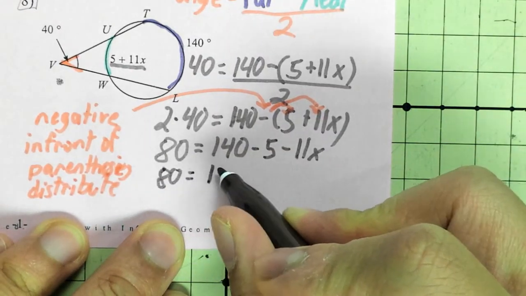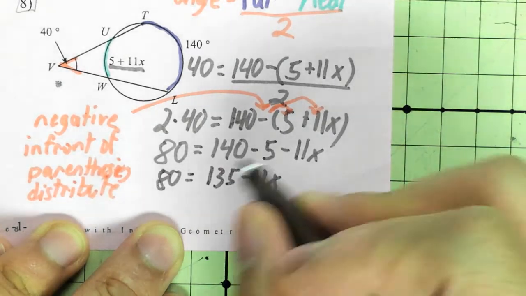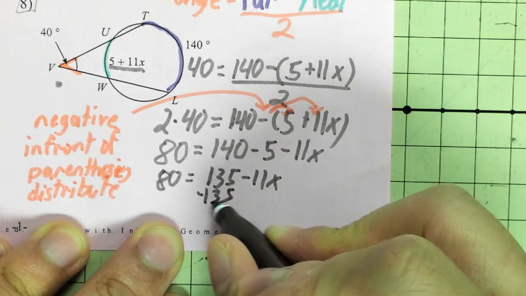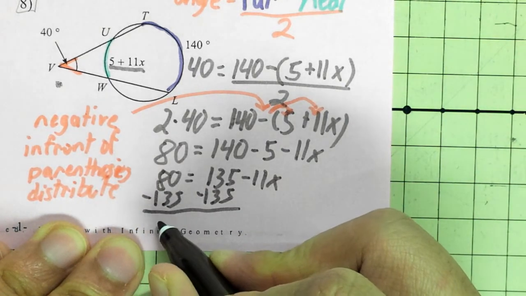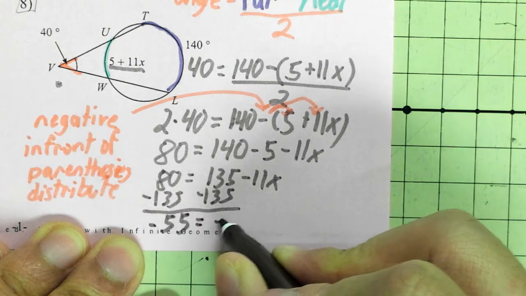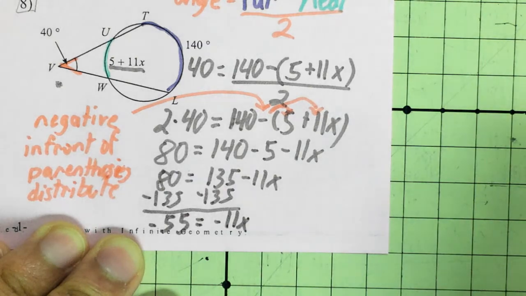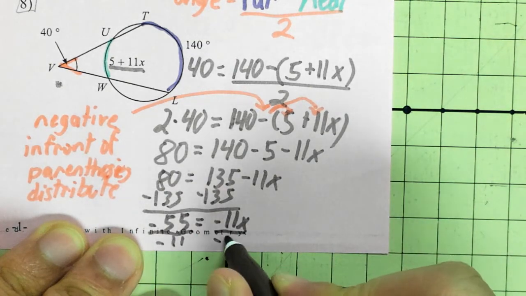Combining like terms. Got negative 55 equals negative 11x. Last step, divide by negative 11.